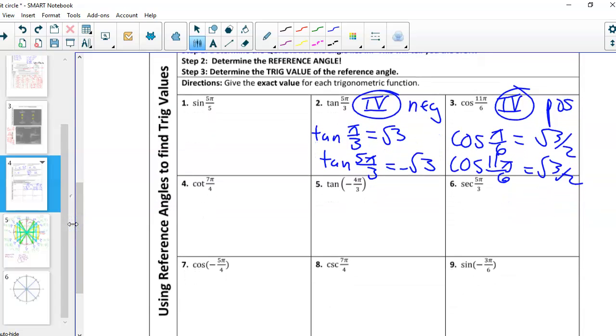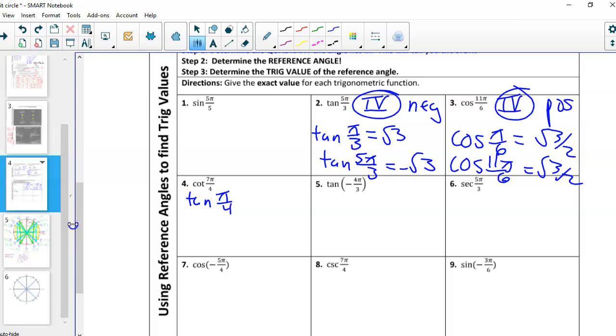Now, I do want to do a couple of the reciprocals. Just remember that your reciprocals are just that, reciprocals of whatever the original value was. So for cotangent, what is the tangent? Let's say this. What's the tangent of pi over 4 first?